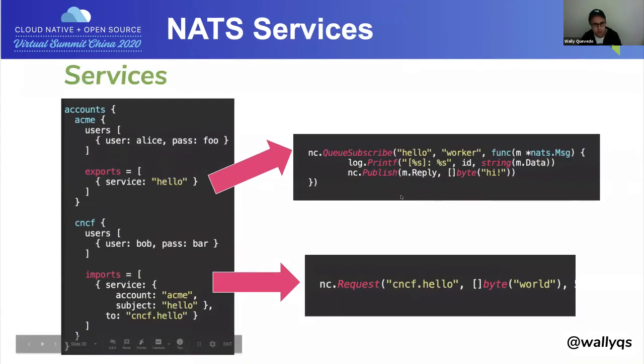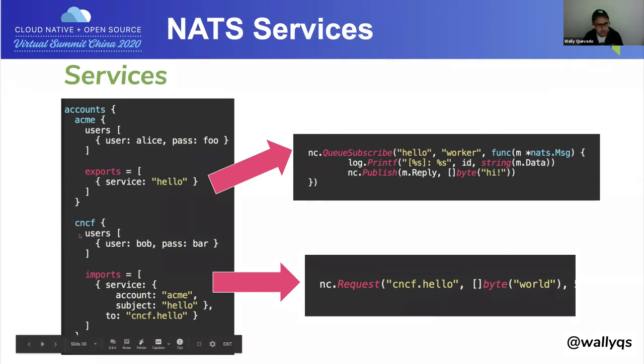On the other hand, when we talk about services, it is expected to have a response for that message. So in this case, we have a queue subscription for the hello subject that is going to be provided by the ACME account.